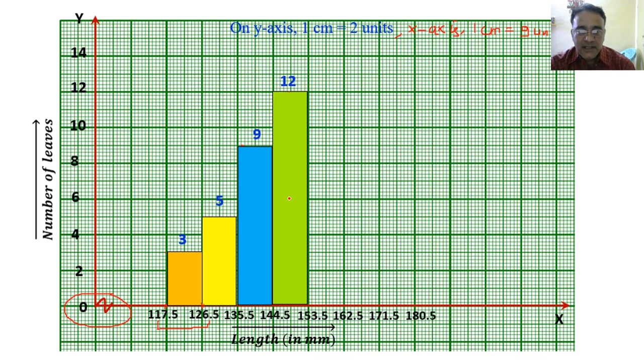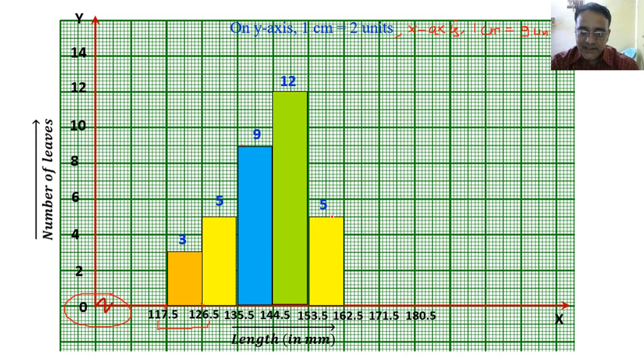And see, I took 1 unit for y axis. You can take 1 unit also. No issue. Because मेरे ग्राफ पेपर में यहाँ तक केवल यहीं तक पॉसिबल था 7 तक, तो that is why I took 2 units. If you wish, you can take 1 centimeter is equals to 1 unit for y axis. Next one is 5. So 5 means यहाँ पर आएगा, ये येलो के बराबर रहेगा.